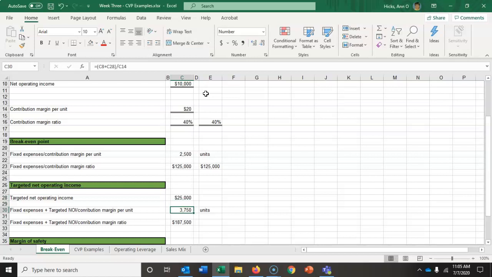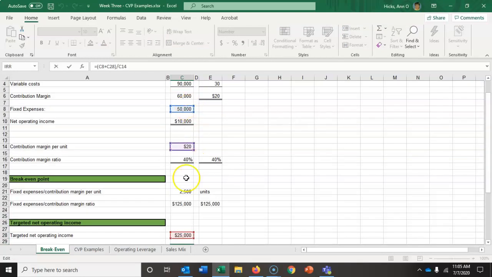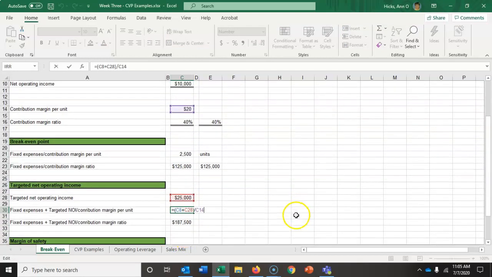Then I need to sell enough units to achieve that and cover my fixed expenses. So I have an equation that is my fixed expenses plus my targeted net income. That becomes my numerator. And then my contribution margin per unit or contribution margin ratio is my denominator.